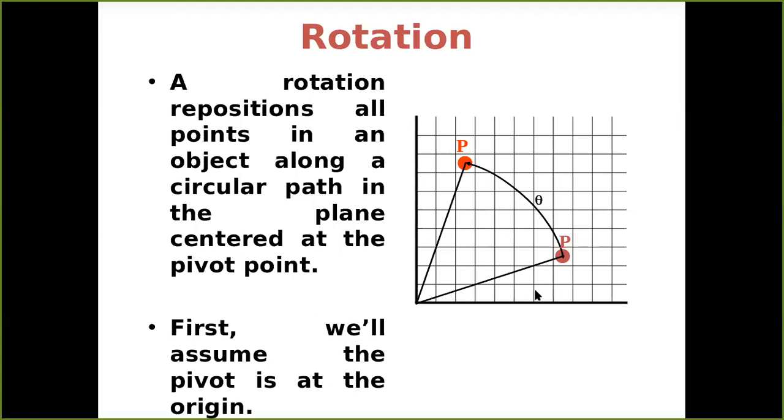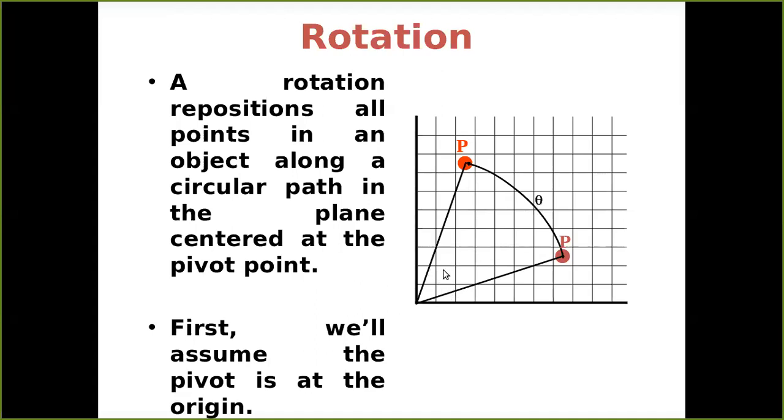Suppose the angle with the x-axis is phi, any angle you can assume. If you draw a line from the origin to point P, it will be like a vector, and this vector has some angle phi with the x-axis. Then, moving this point P to P dash, you have a change in angle.